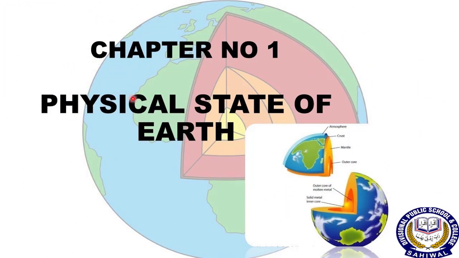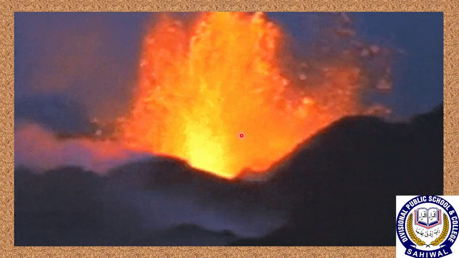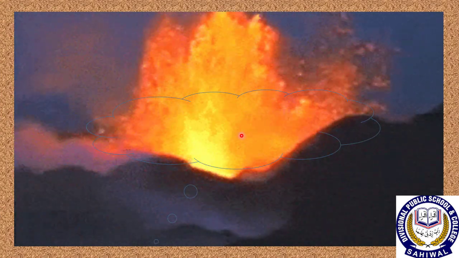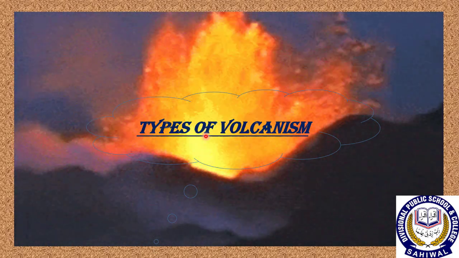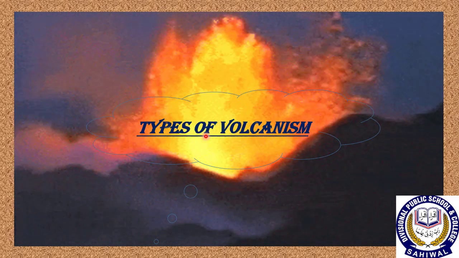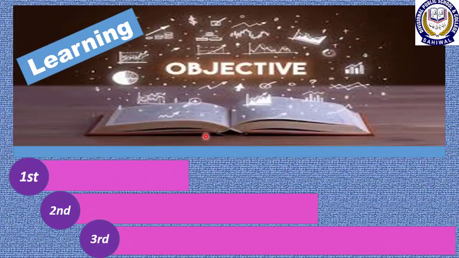Chapter number 1, Physical State of Earth. Today, we will study about types of volcanism. Learning objectives of today's lesson.